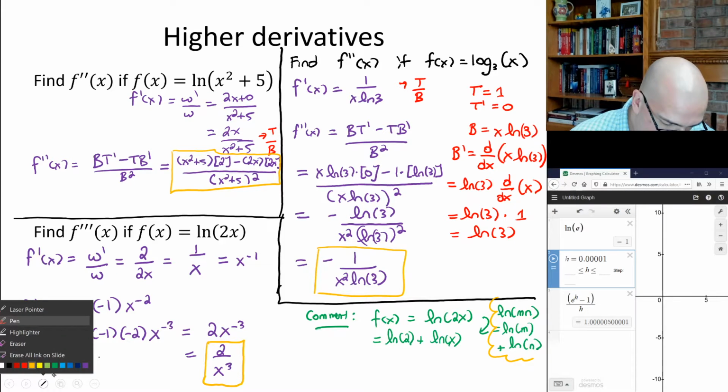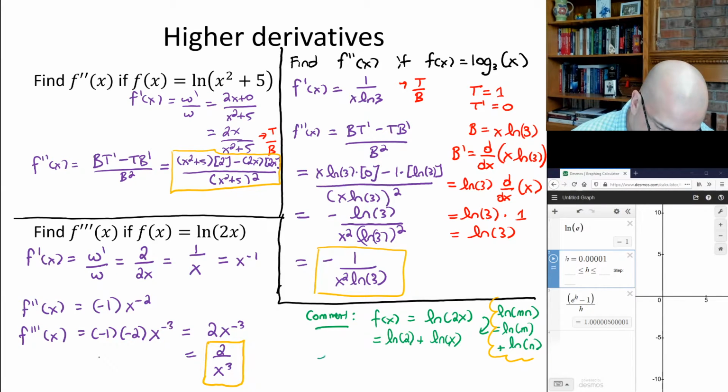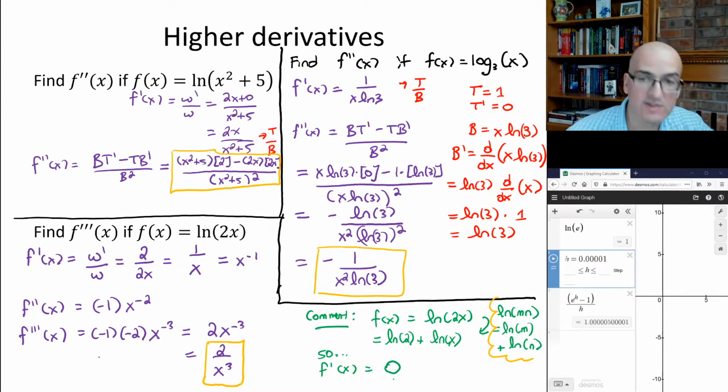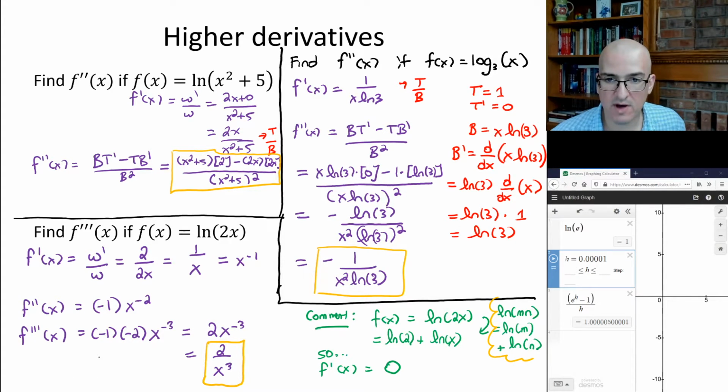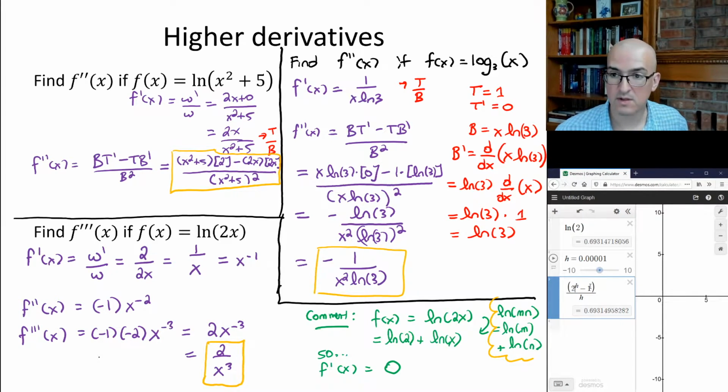And then take the derivative. F prime of x is going to be 0, since ln 2 is a constant. Right? That's what we had in this window in the bottom right. Ln 2, it's not a function. Ln 2 has nothing to do at all with an x, nothing to do with a variable.